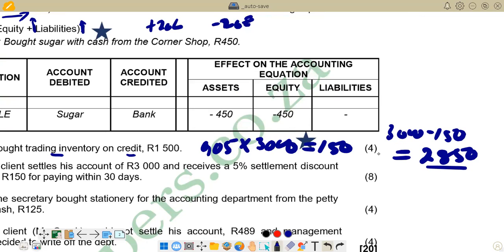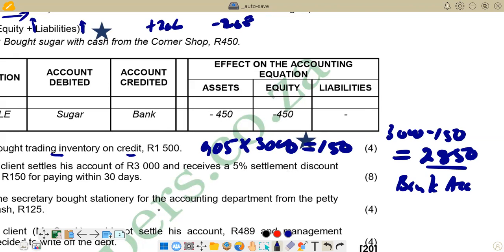So in terms of double entry now, first of all, we are going to record the sales. Whenever there are sales, we receive cash. So it means we are going to have a bank account there. Then we go back to the transaction to see what it is saying. Client settles his account of 3,000, receives a 5% settlement discount within 30 days.